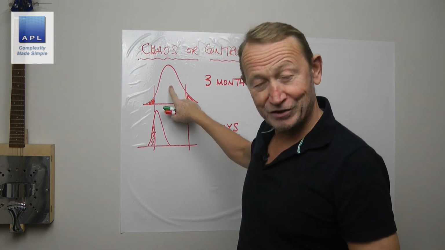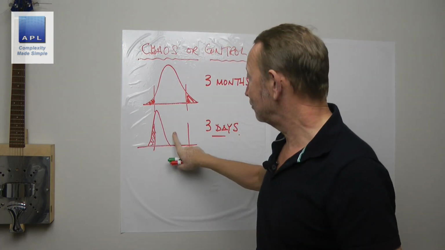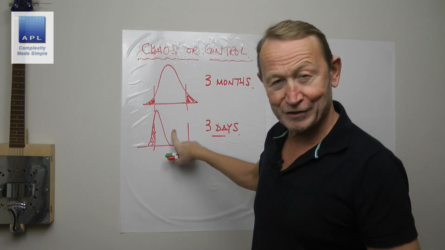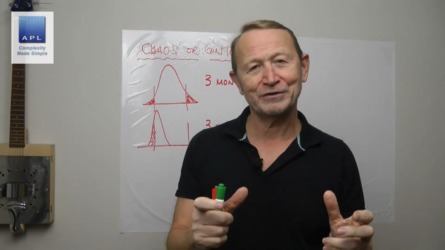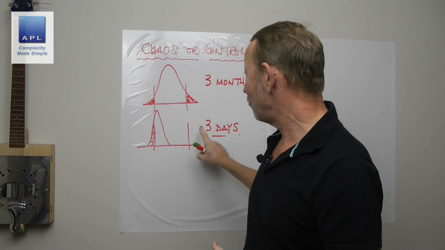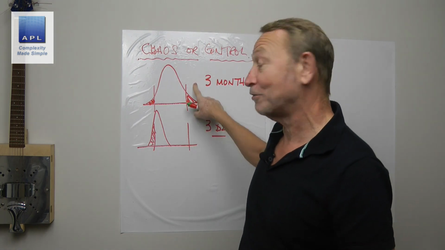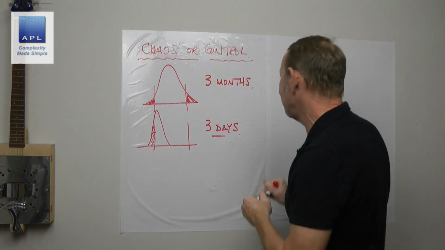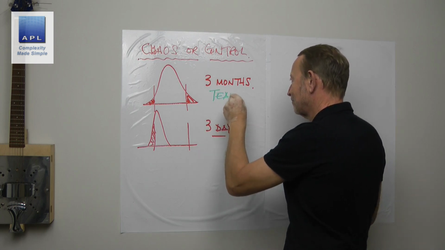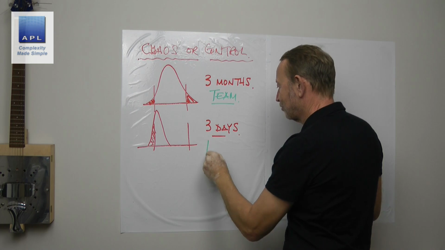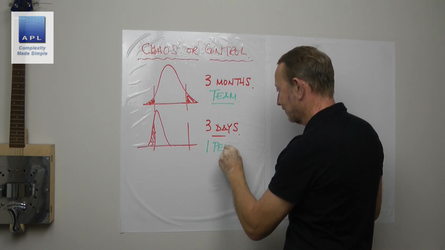Do I have this element of physics or do I have this element of physics? Because once I know what the physics of the problem is, I know how to fix it, and I'll know whether it's going to take me 3 days or 3 months. By the way, not only that, this takes a team. Usually this can be done by one person.